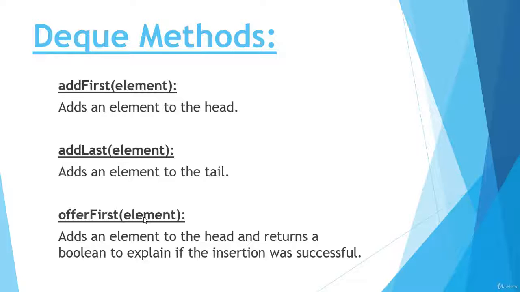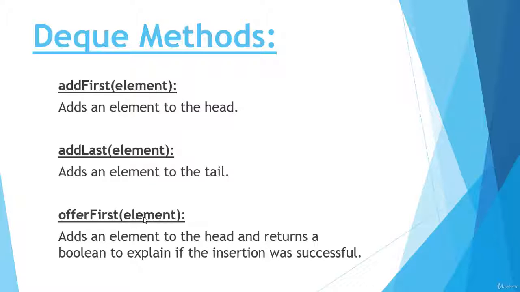I will help you. So I summarize this lecture: Deque is the child interface of the Queue interface, and it is a double-ended queue, meaning we can add elements at the head as well as at the tail. In a similar way, we can remove elements from the head as well as the tail.